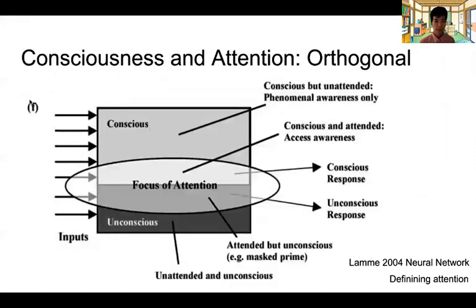And then lastly, this is my view, I'll just declare that. I think this makes much more sense based on the literature and also evidence: consciousness and attention can operate orthogonally. It's not to say that it's always orthogonal, but first input comes, and then some kind of conscious and unconscious processing happens, and then attention can operate on some parts.